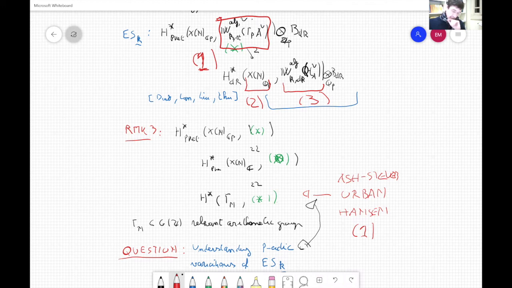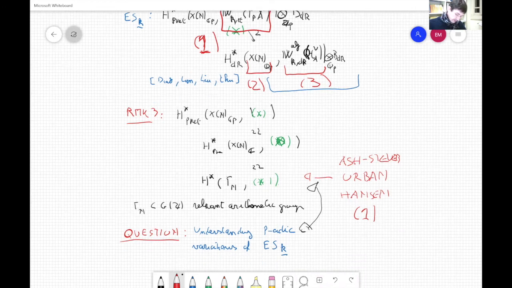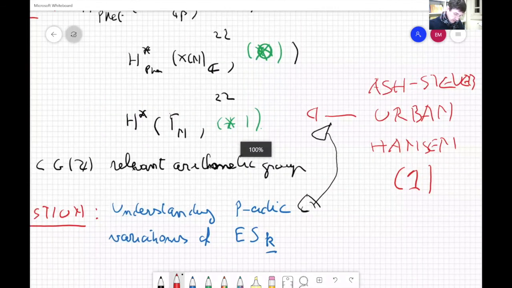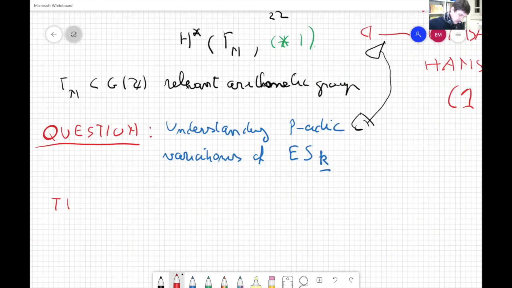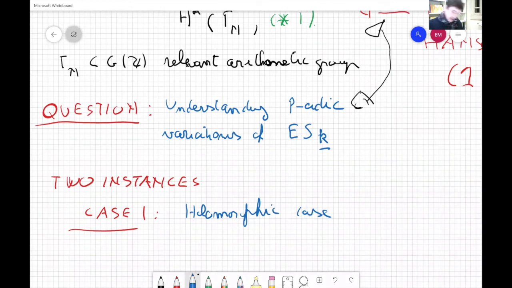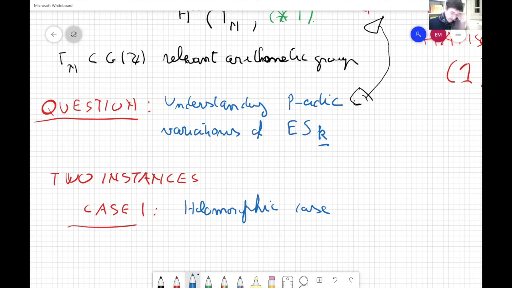And we will do two examples, two instances. There is case one, which is the holomorphic case, where things are simpler in the sense that the Schubert cell is just one point, infinity, and the coefficients have been studied already to some extent with Vincent.